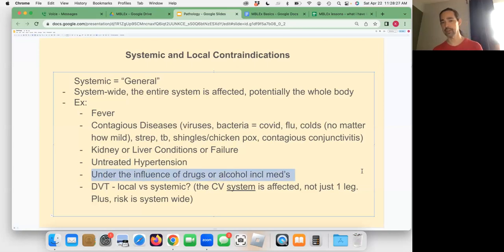Under the influence of drugs or alcohol, including medications. Many times I've had people come in and a psychiatrist or a medical doctor has changed the dose of an antipsychotic or an anxiolytic, and the person is really out of it, or they're trying a new supplement, like melatonin is a popular one.